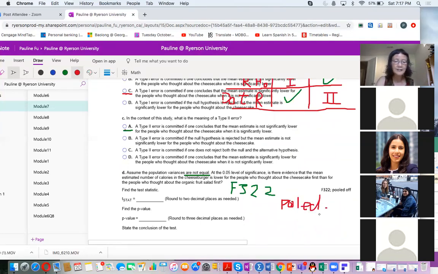So after that, I get test statistic negative 2.8950. And I also have p-value 0.00316.